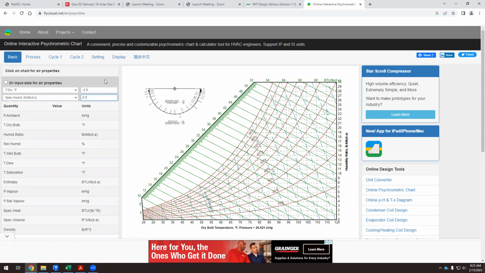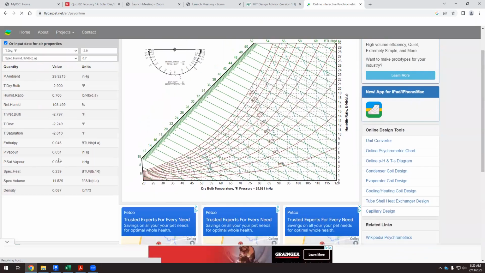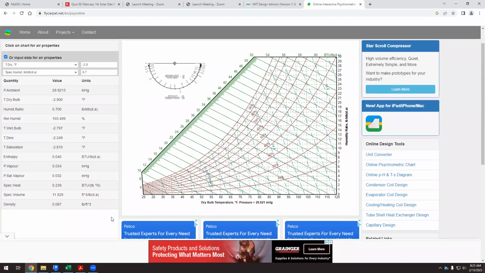So if we do this, we click here and we click submit. We don't see this on the chart because here we only have up to 20 Fahrenheit, and this is negative 2 Fahrenheit, so it's out of range. But we have the relative humidity, which is 103.